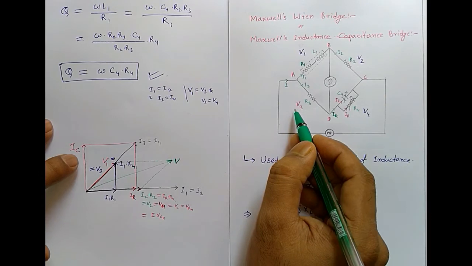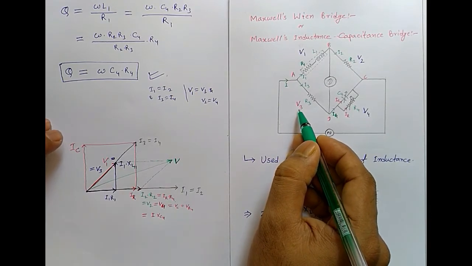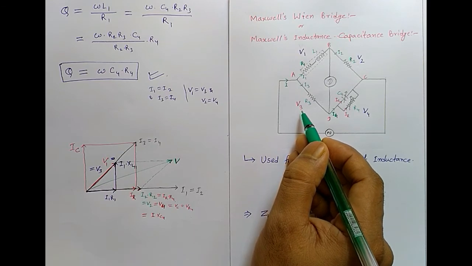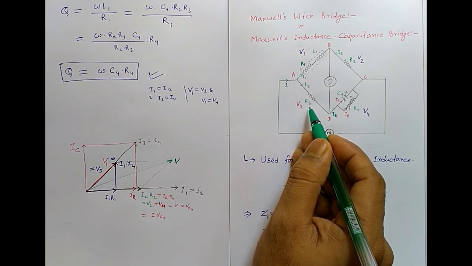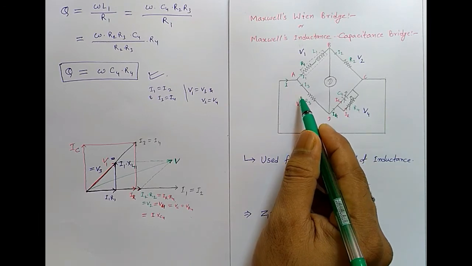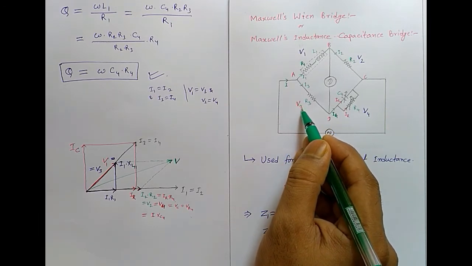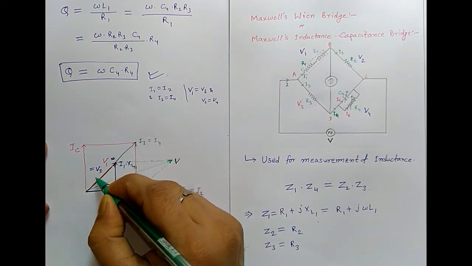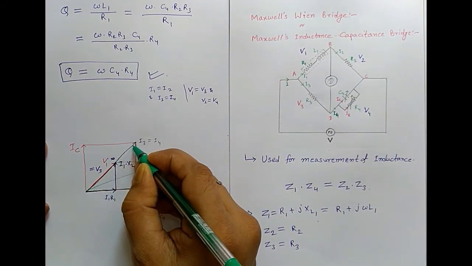Now the direction of V3 is known, and since there is only one resistor, R3, in the arm, I3 will be on the same line as the direction of V3. Let us assume that this line also indicates I3.